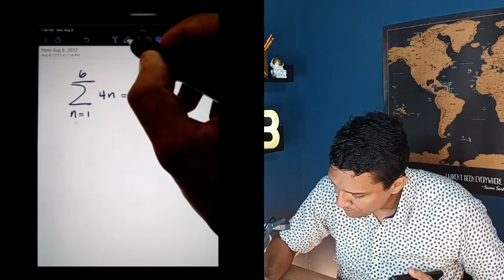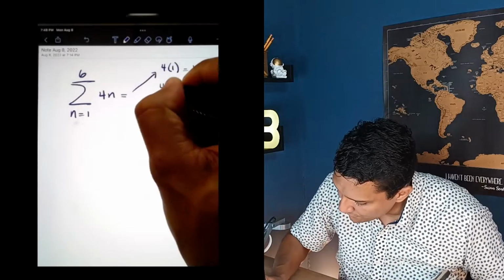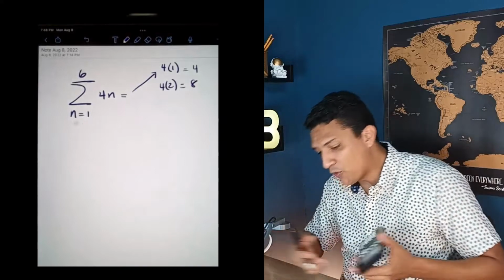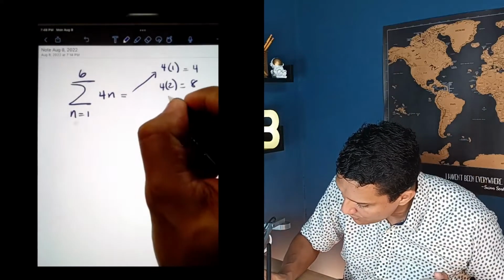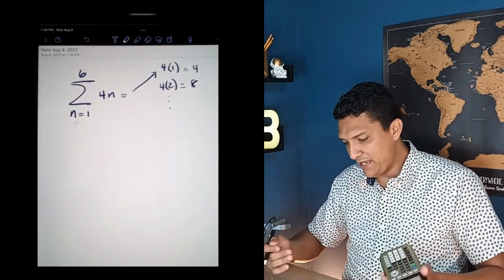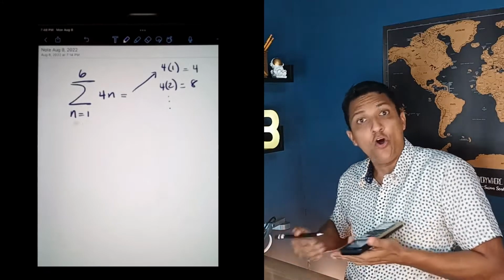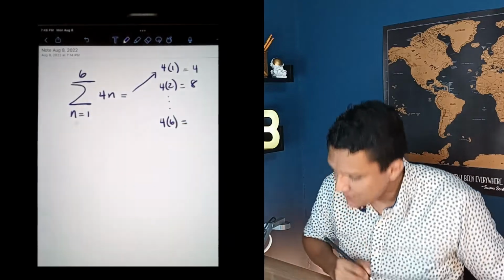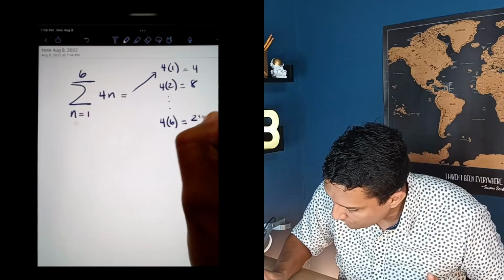So I'm going to show the first two: 4 times 1 equals 4, 4 times 2 equals 8, and then I'm going to use these 3 dots, or 3 points, which mean that there are other numbers that are going to come, and then I'm going to write this: 4 times 6 equals 24.